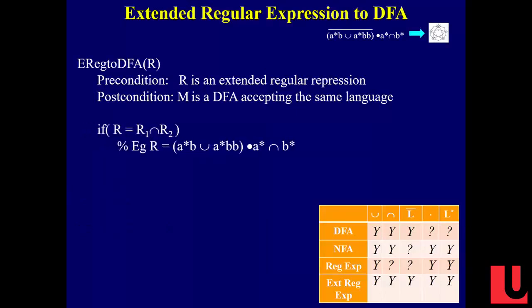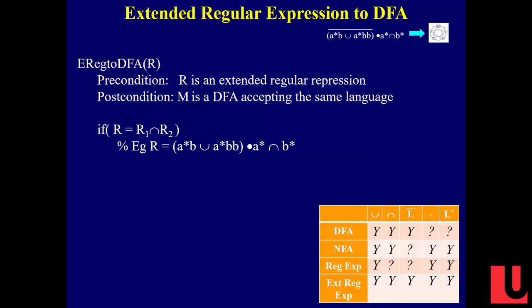Now what happens if I'm given a regular expression that is the intersection of two things? Maybe, for example, this intersect with that. How am I going to build a DFA for this?